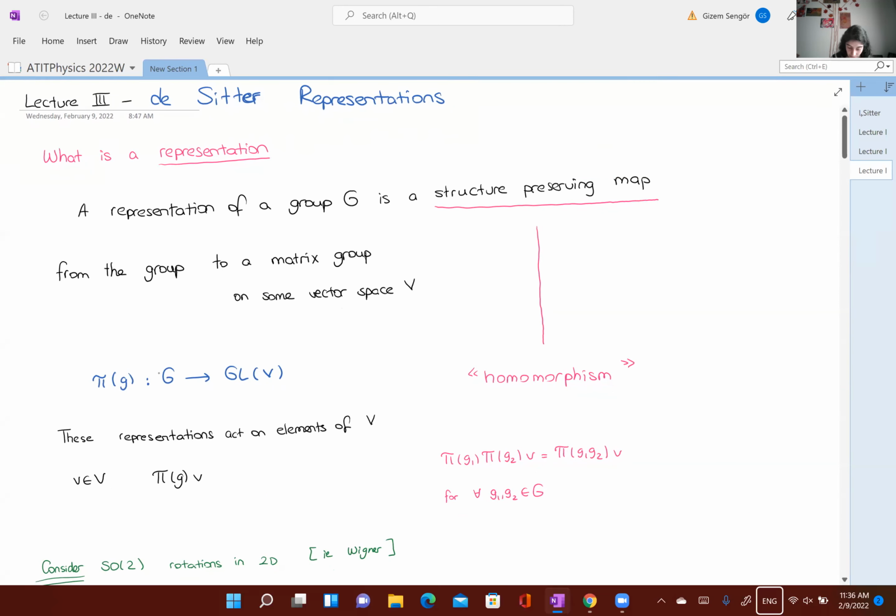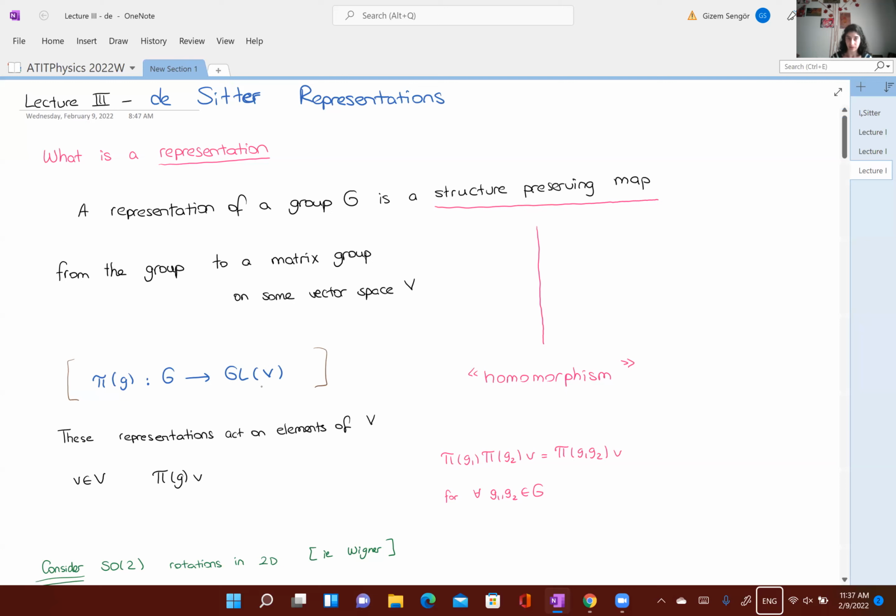Okay, so say this is our representation. It takes entries from the group elements, and this GL(V) stands for general linear transformations over some vector space V. This just means that at the end of the day, your representations are matrices that have inverses.